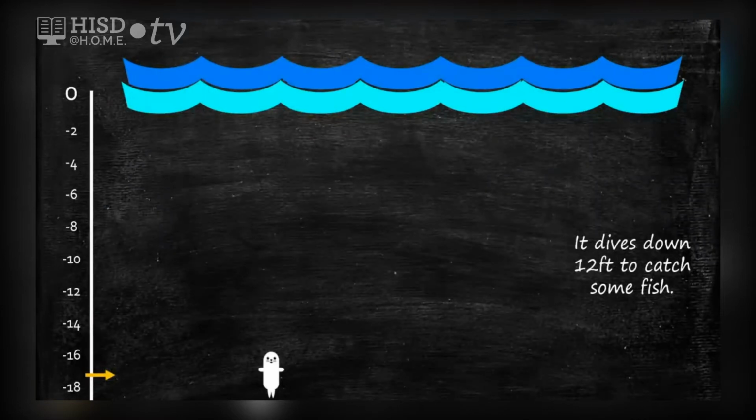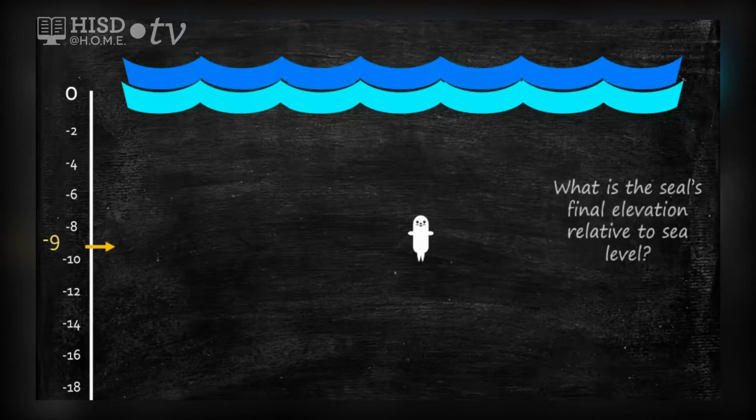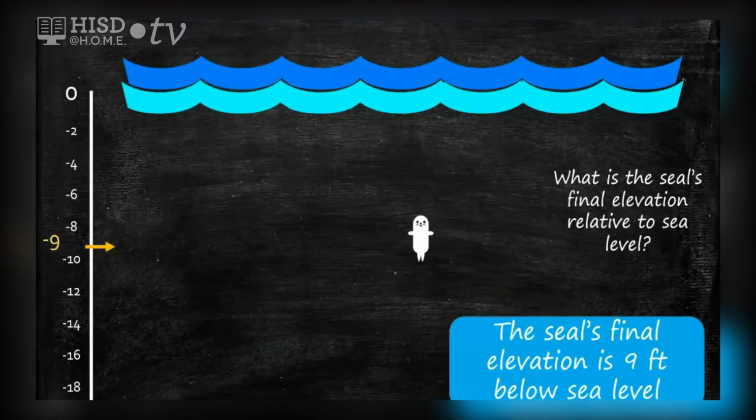And then the seal swims back up 8 feet towards the surface. The question says, what is the seal's final elevation relative to sea level? And as we can see, the seal's final elevation is -9, or 9 feet below sea level.